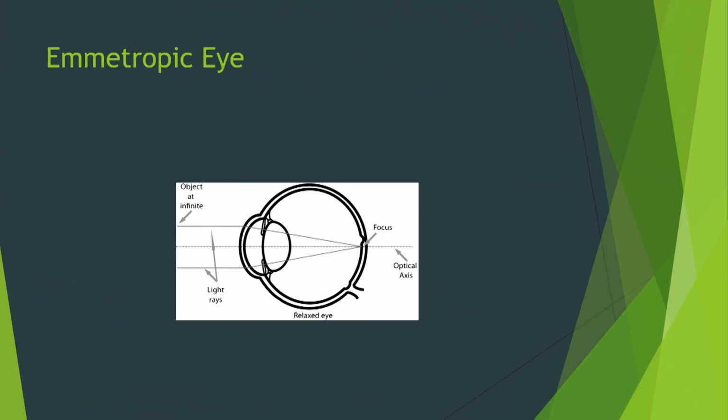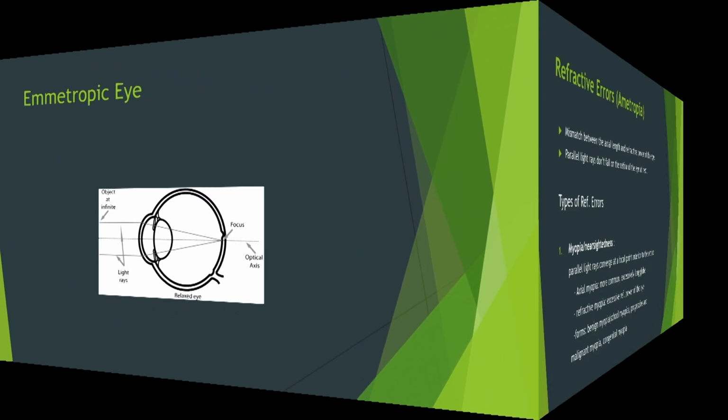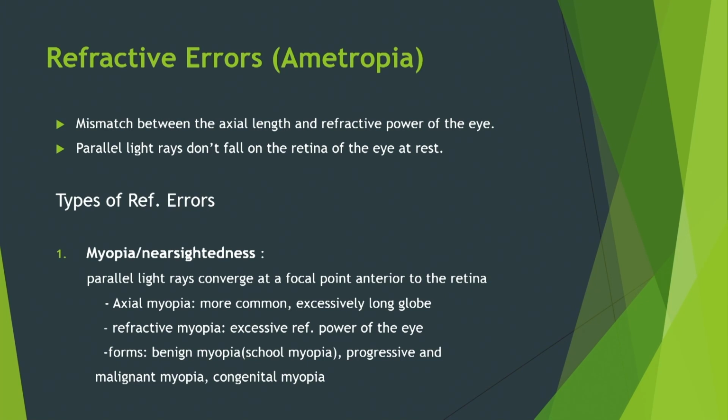That is the optics, which I don't have to go into. Refractive error is the mismatch between the length of the eyeball and the refractive power. When you have a matching correlation between those two, you will have emmetropia. But when you don't have a proper correlation, you get a refractive error.